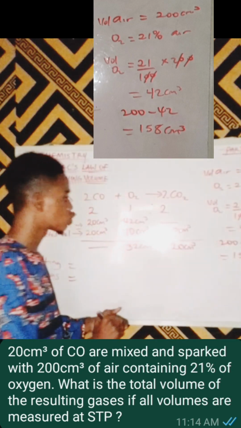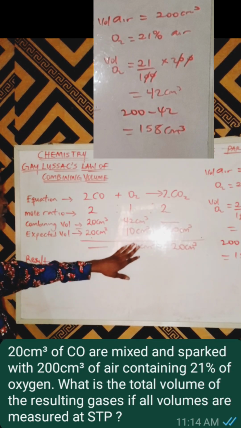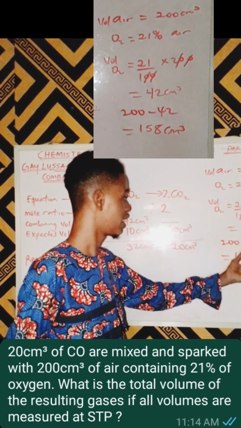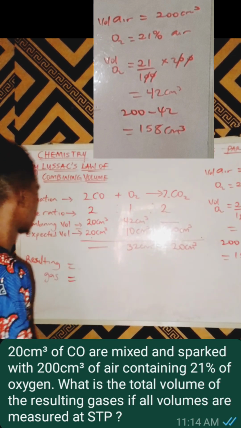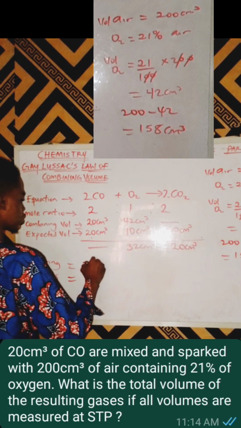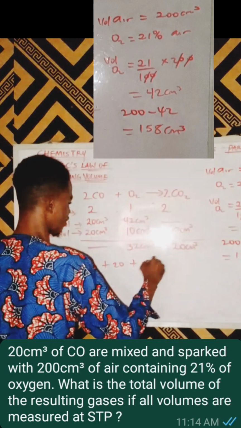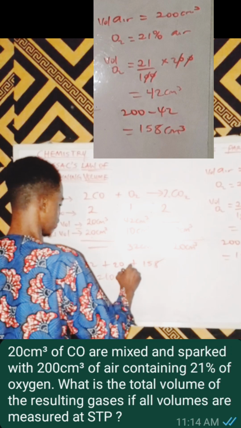So I'm going to sum up the residual gas for oxygen, the residual gas for the air, and the product. So I'm going to have 32 plus 20 plus 158, which is 210 centimeter cube.